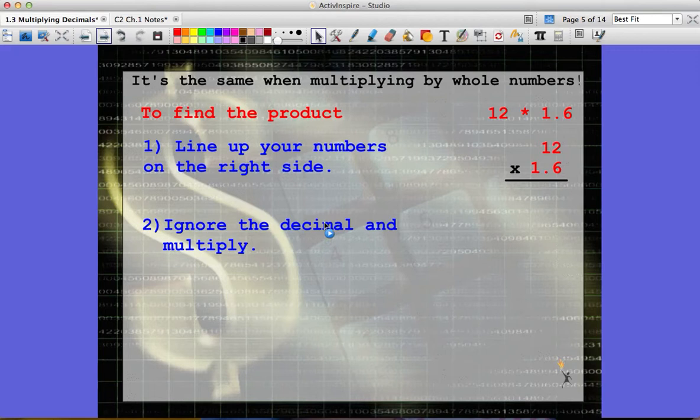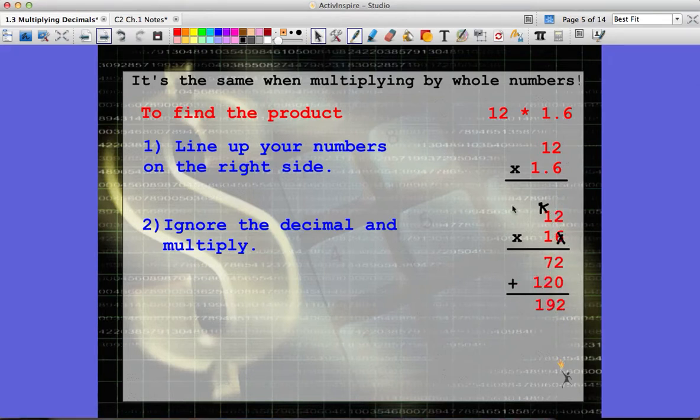Step 2, ignore the decimal and multiply. So it's kind of like I'm just going to multiply 12 times 16. 2 times 6 is 12, carry the 1. 1 times 6 is 6, plus 1 is 7. Okay, I'm done with the 6, I'm done with that 1. So I put the 0 as my placeholder, 2 times 1 is 2, 1 times 1 is 1, add those together.